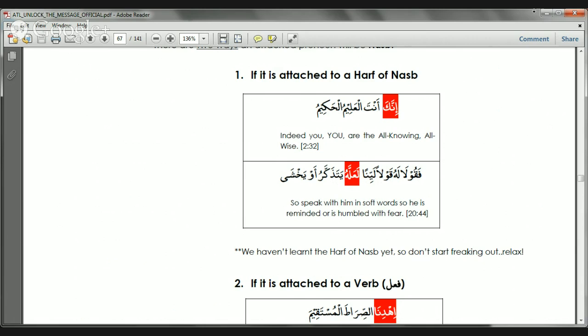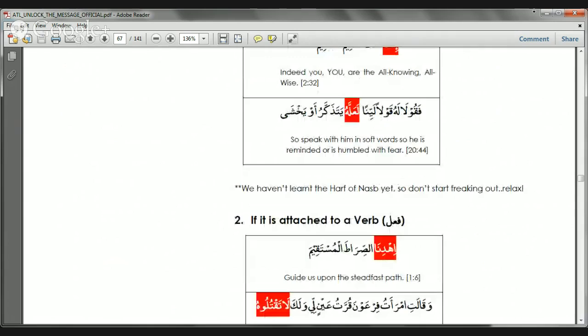Because it says harf of nasab. And I want you to write in your book, not attached to an ism. Because watch, in 4 days they'll ask me, Brother Nihal, it's attached to an ism, isn't it going to be nasab? No, it's not. When it's attached to an ism, it's something else, and we'll go over that right now.